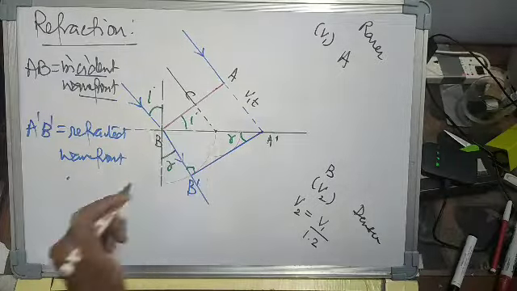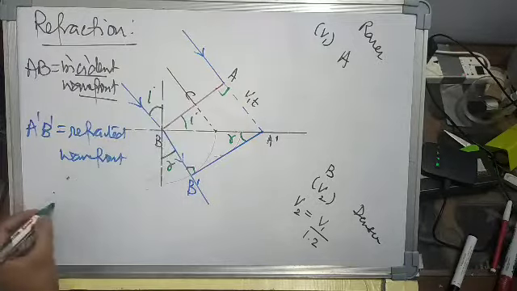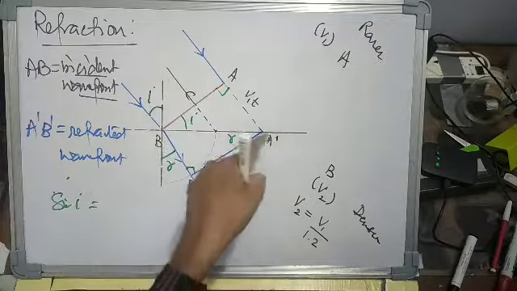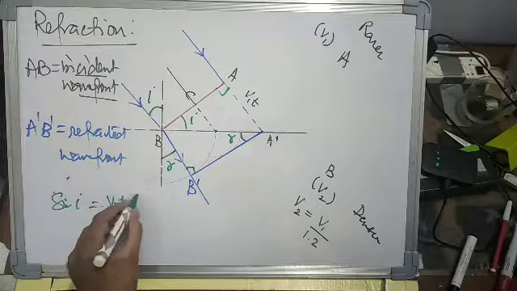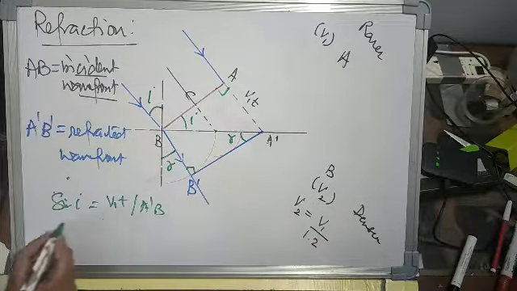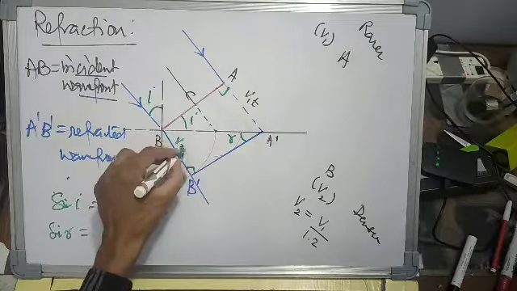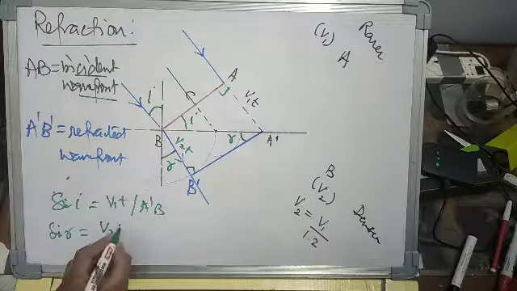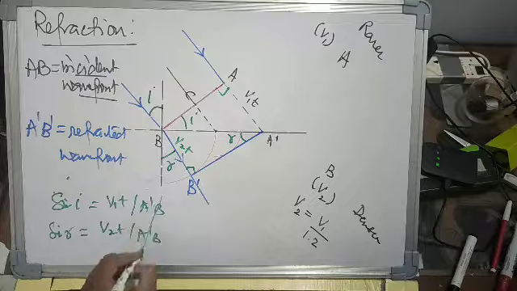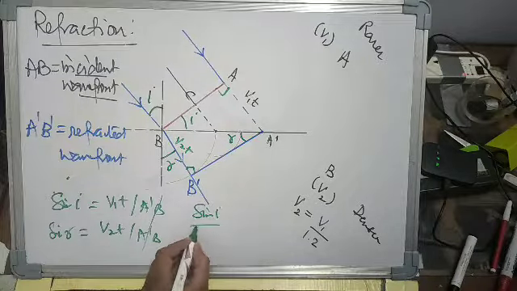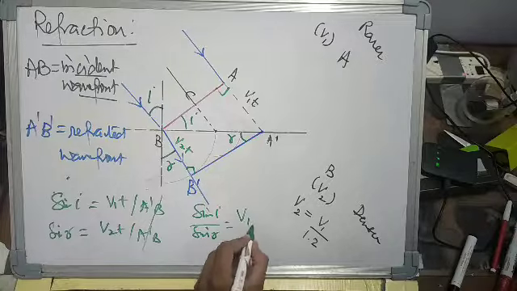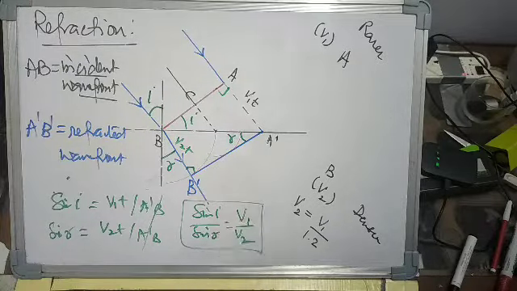Now in these two triangles, in the upper one, sin I is the perpendicular v1t by the hypotenuse A dash B dash, and in the other triangle sin R is the perpendicular v2t by the hypotenuse A dash B dash. The t and the hypotenuse cancel out, so sin I by sin R simply comes out to be v1 by v2, which is nothing but Snell's law, which says that for a given pair of media, sin I by sin R must be in the ratio of the speed of light in the two respective media.